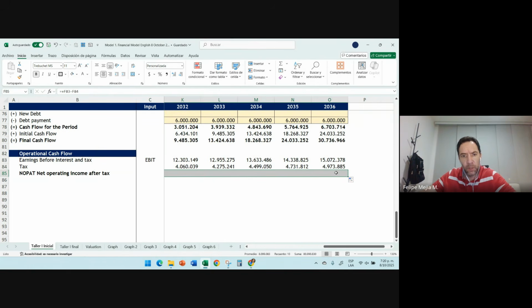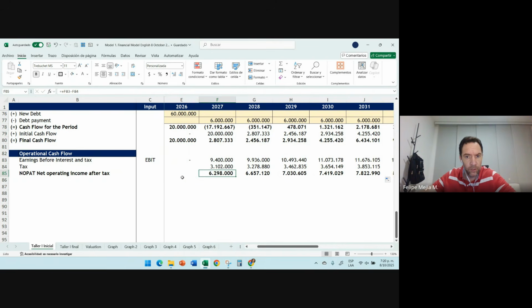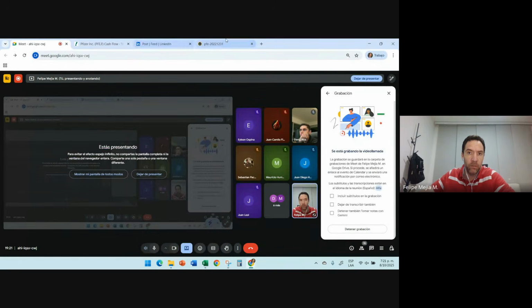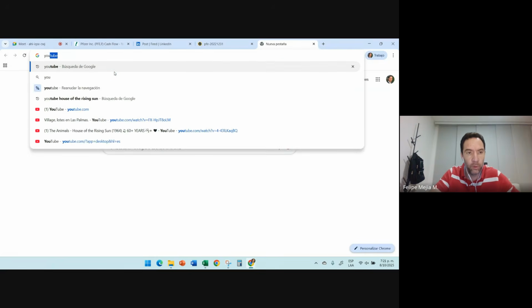Something particular about this new subtotal is that Professor Aswath Damodaran from New York University doesn't use NOPAT. He always uses an equation as a way to name the NOPAT. If you'd like to read the material from Professor Damodaran, which I highly recommend, he has 850,000 followers on YouTube.